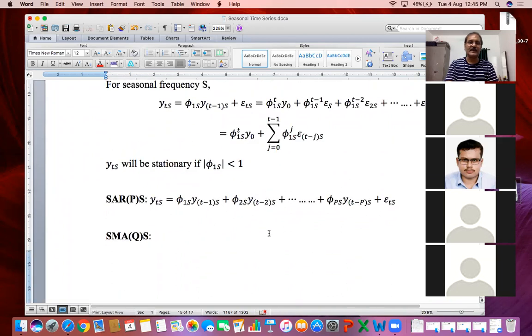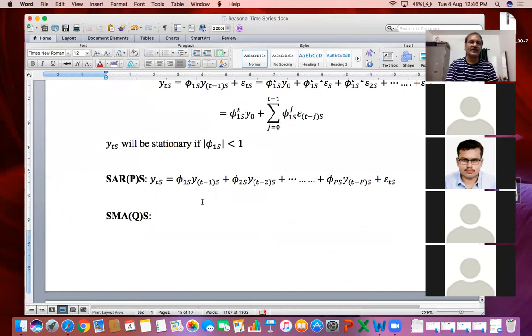Now suppose we have autoregressive of order P on seasonal part only, ignoring the non-seasonal part. So it looks like Y_tS is equal to phi 1S Y_(t-1)S plus phi 2S Y_(t-2)S, in this way, up to phi PS Y_(t-P)S plus epsilon_tS.